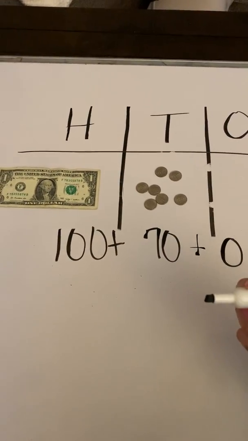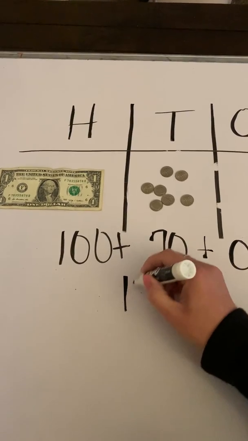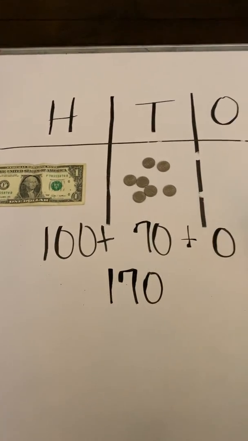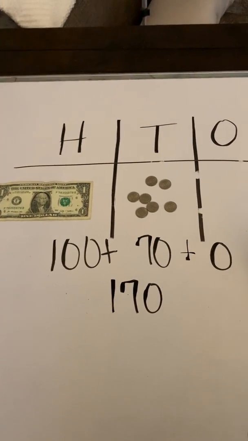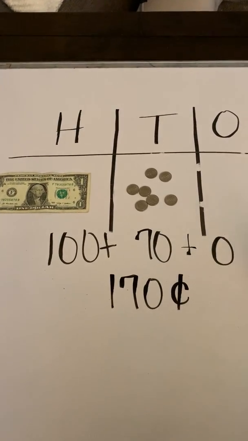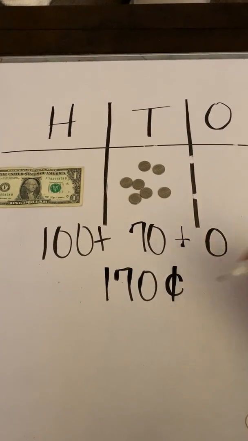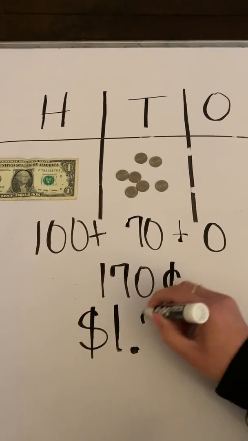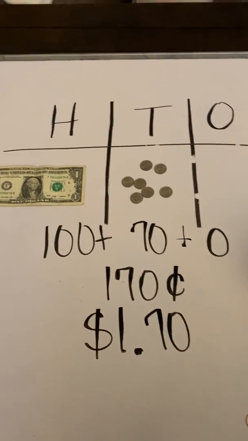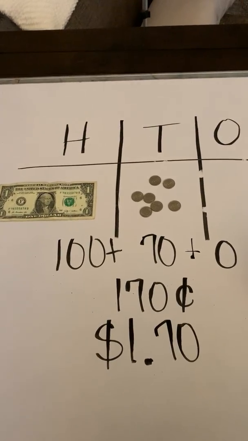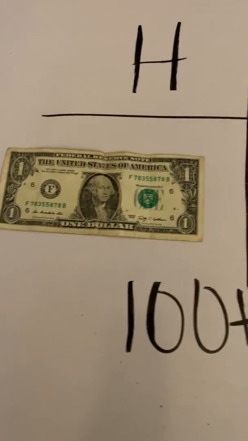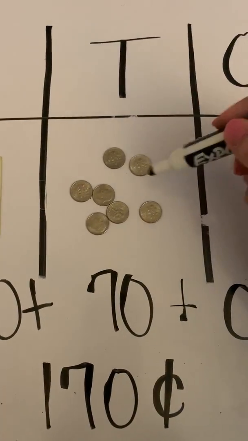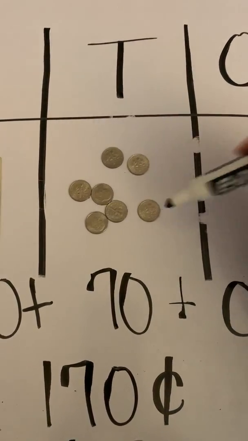When I put that into standard form, it would be 170. Because we're counting money, it's 170 cents. The other way to write money is $1 decimal point 70. Do we have $1.70? $1, 10, 20, 30, 40, 50, 60, 70.